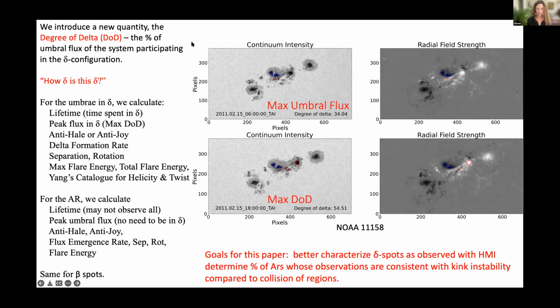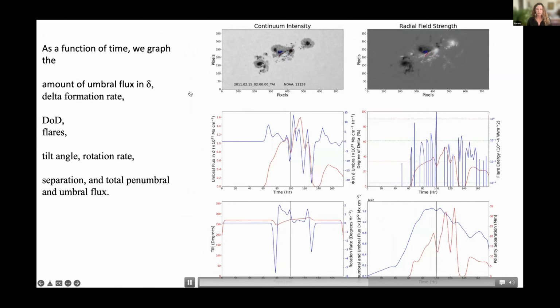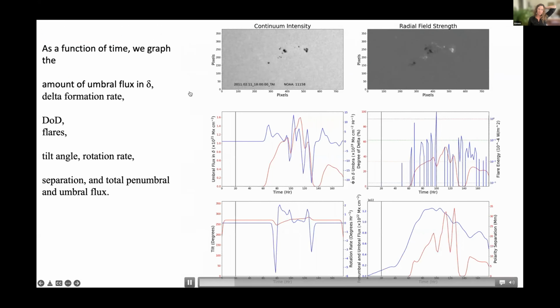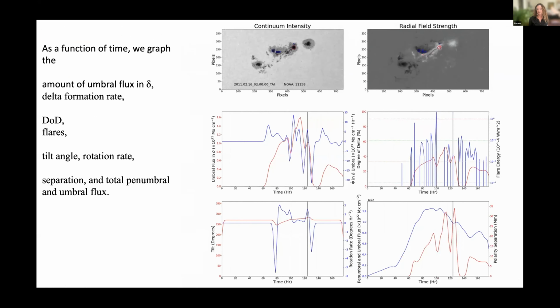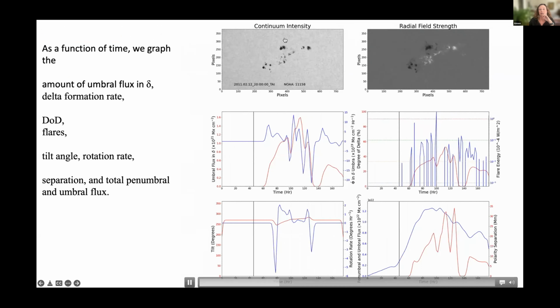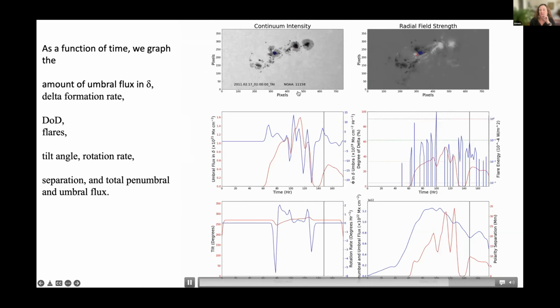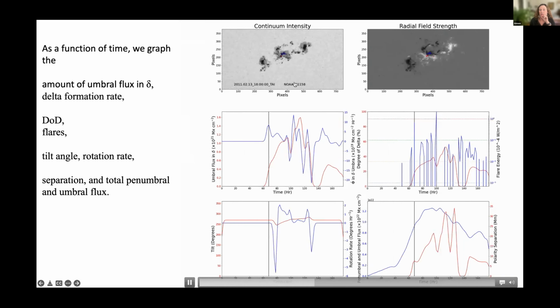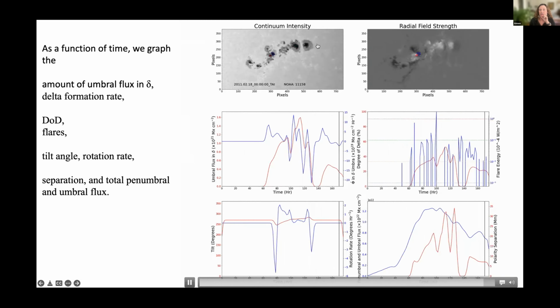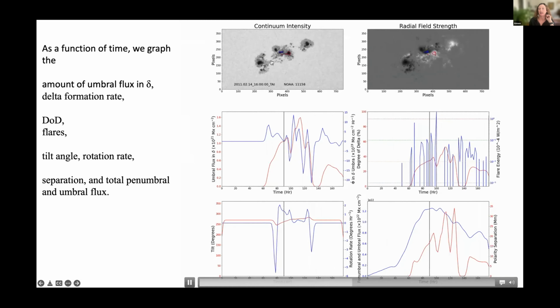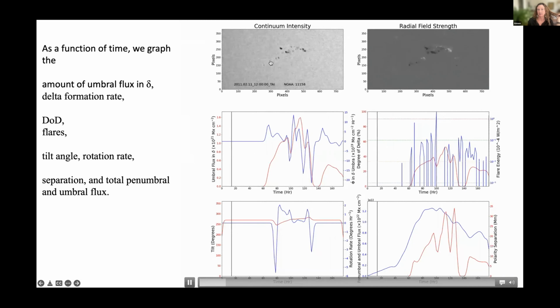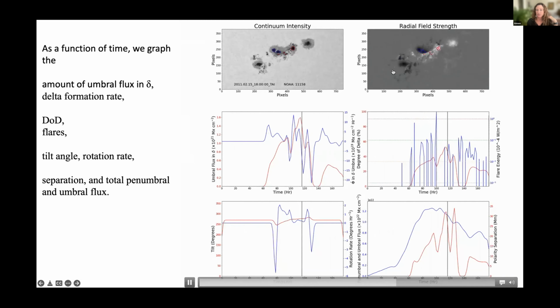How do I move forward? Oh, I click. Okay, so this is an example of a region. And here's the continuum intensity. This is active region NOAA number 11158. We can see it emerging here. Pretty much we capture the beginning of emergence. Here's the radial field strength.